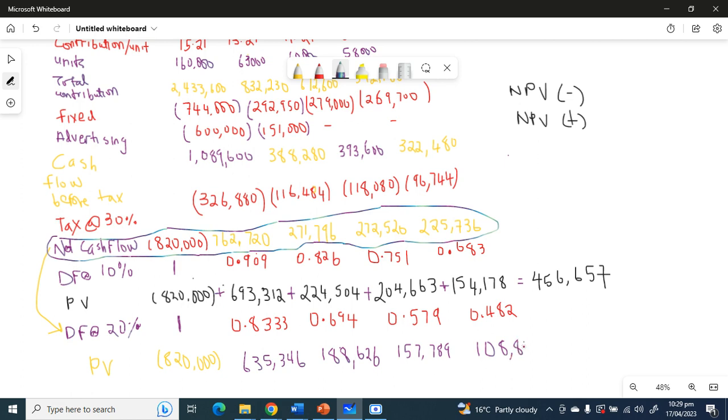Okay, let's try these numbers. If it still gives us a positive number, we have to increase our discount factor, right? Because we need a negative net present value. So let's add these current numbers. Let's see what we get.